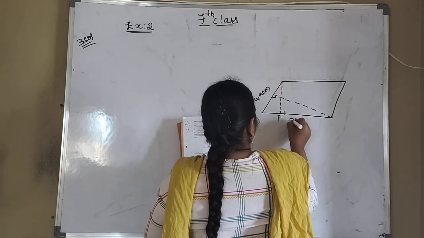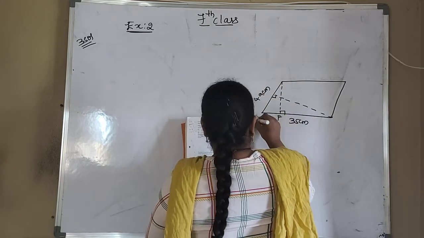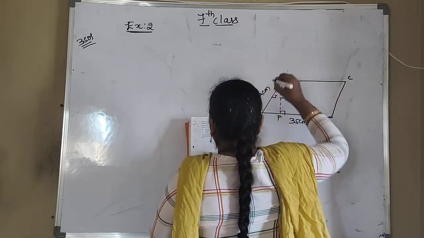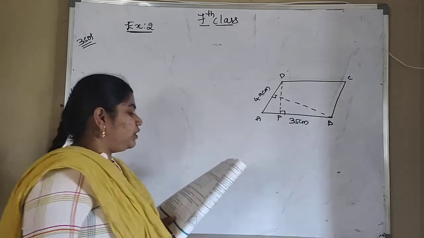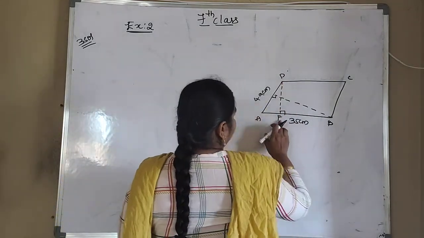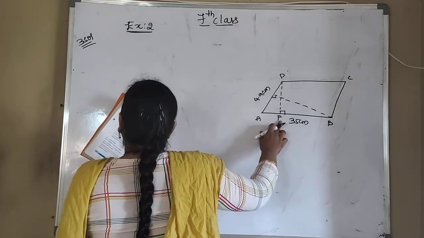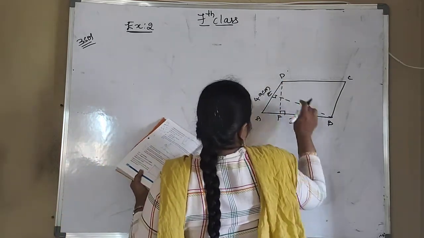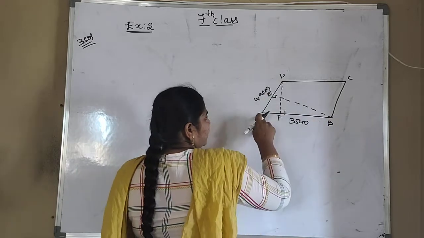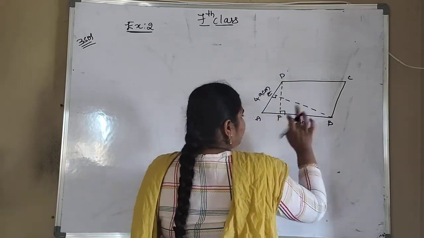F. Okay, so what they told, DF and BE are the heights. These two are heights, and what are the bases? For this height this is the base, and for this height this is the base.